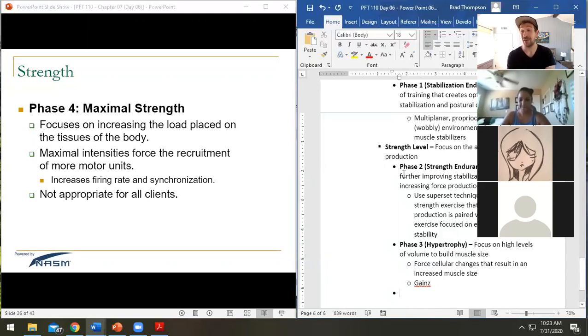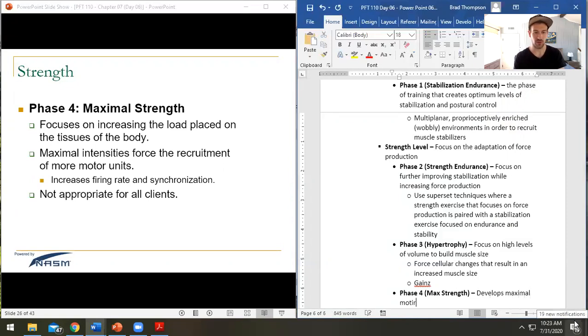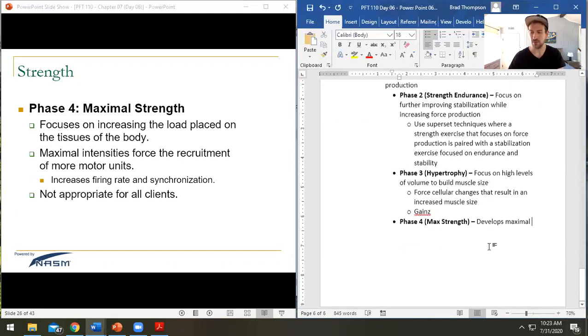All right. Then we got phase 4, which is max strength. It develops maximal strength by increasing force production, okay?